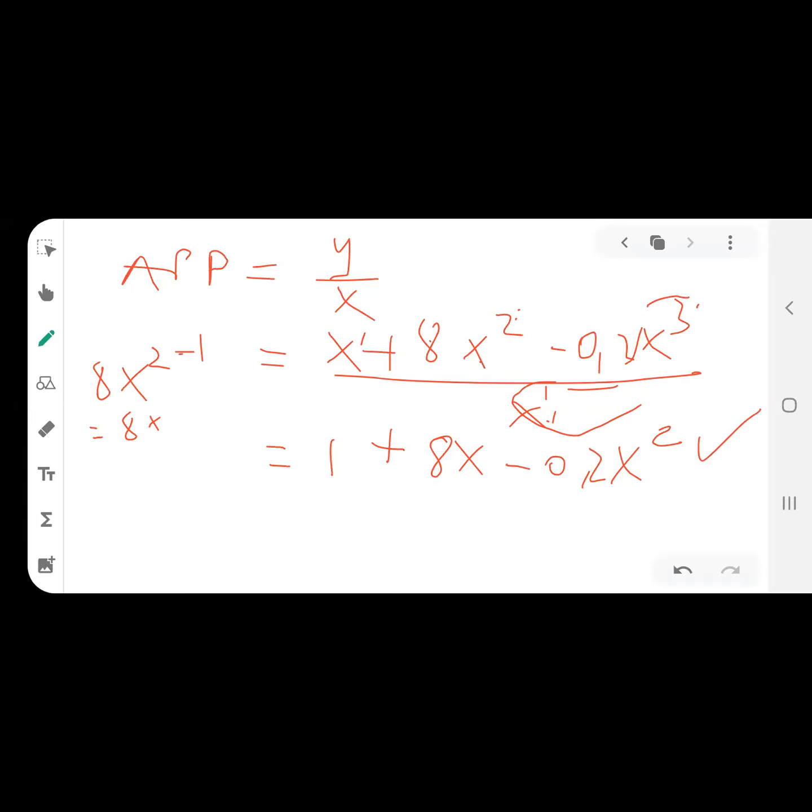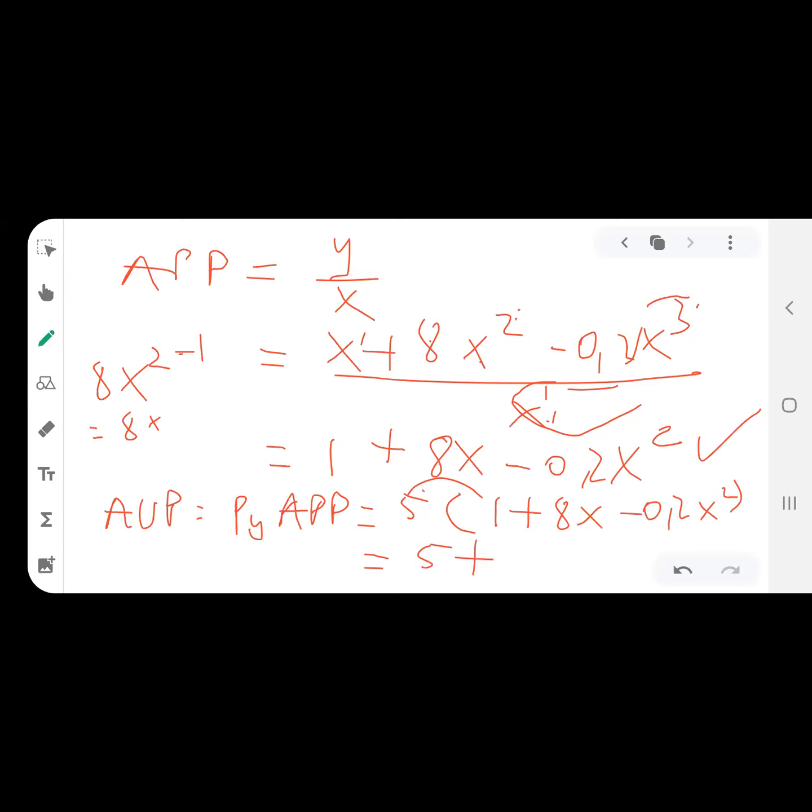So we can calculate the AVP. We take the PY and multiply by the APP. What is the price of Y? They said it's 5, right? You multiply the whole function of APP, then from there you get the answer. 5 times 1 is 5, plus 5 times 8.